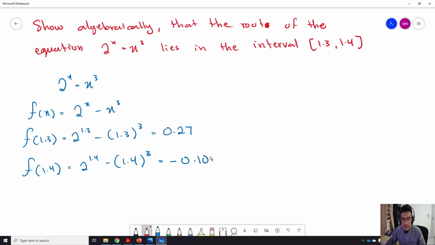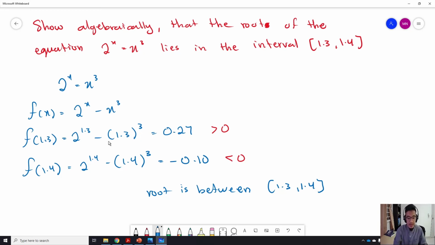Okay, we can see here that 0.27 is bigger than 0, and negative 0.10 is less than 0. So there are two different signs. So it is true that the root is between 1.3 and 1.4. So it is when the two signs are different.